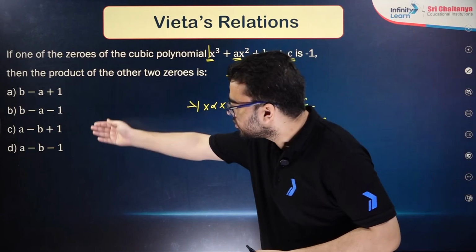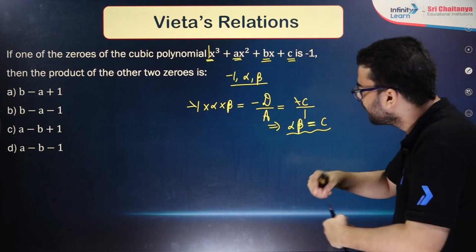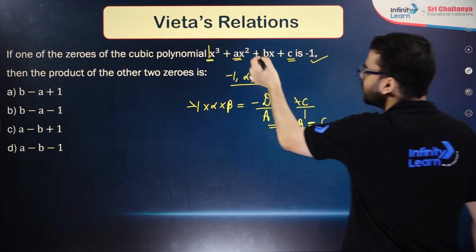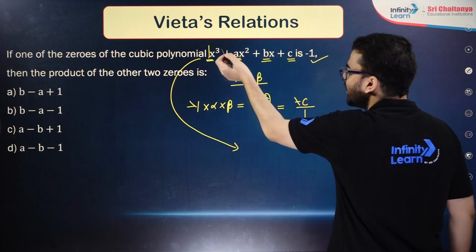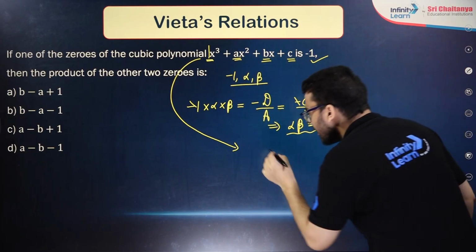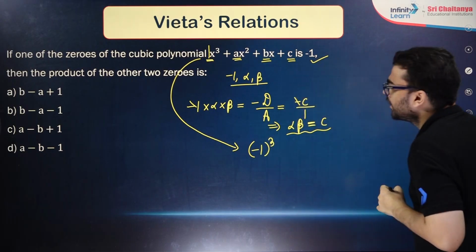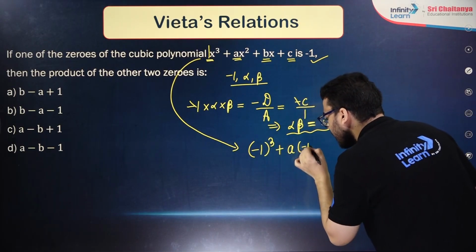But from the options you can't get that thing. So basically we have to use some other kind of manipulation. You see minus 1 is a zero of this polynomial. What does it mean? It means that in place of x I put minus 1 in the polynomial.